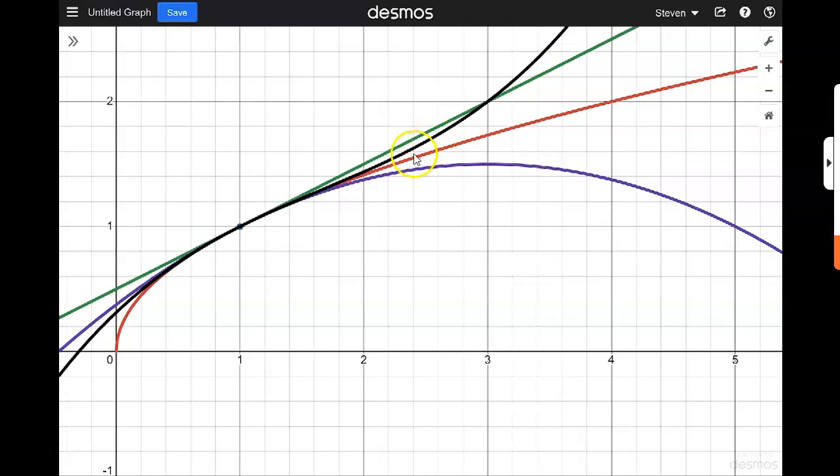It's a better approximation. And so you would expect, of course, that if we did another approximation, then it would be even better, and so on and so on. And that's what we're going to start talking about: what if we did this many times, beyond 1, 2, and 3. How good would this look?